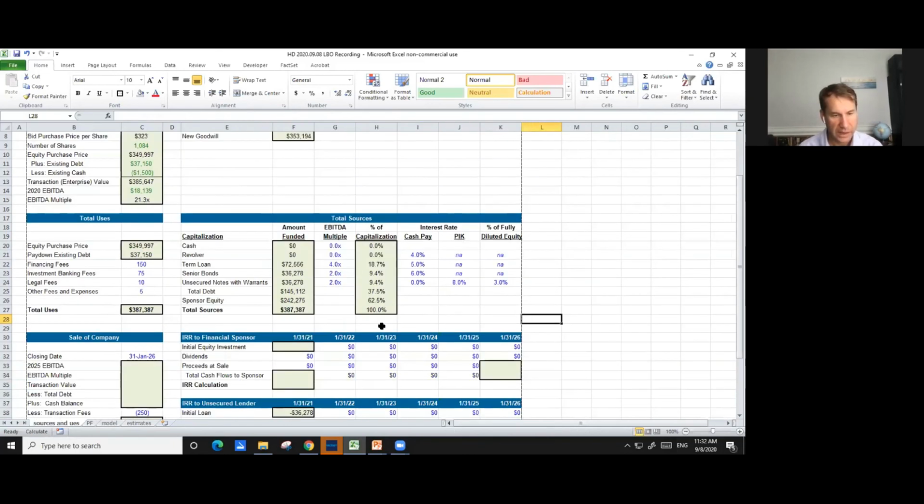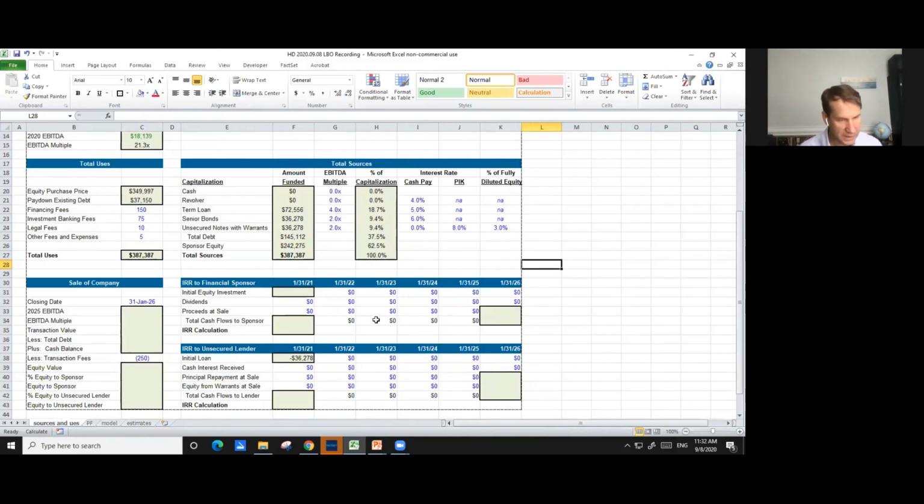We can now go back to sources and uses and calculate IRR. So the initial equity investment will be negative sponsor equity. And as I mentioned, there are no dividends.